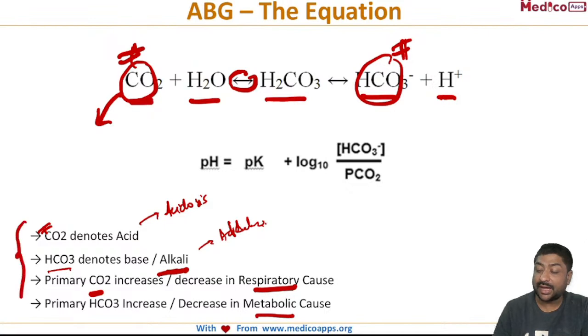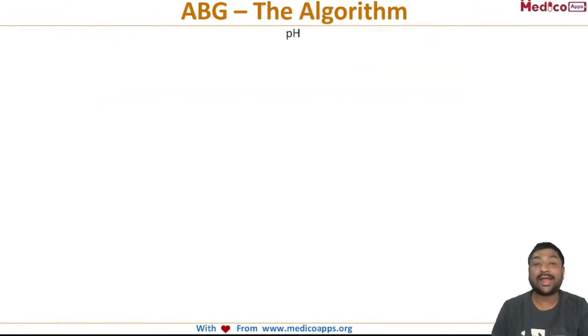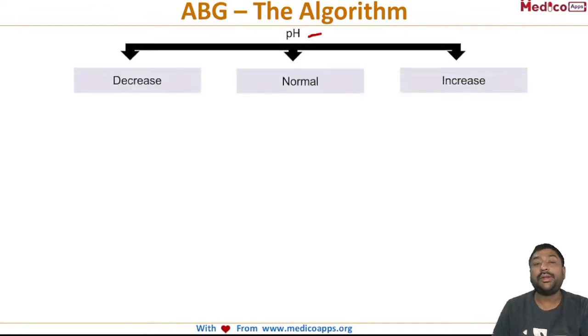So these are some rules of thumb you have to remember for your examination and to analyze an ABG. Now let me show you that algorithm. Whenever an ABG is given to you, either in an ICU setting, as an intern, or in an examination, the first thing you see is pH. And the moment you see pH, only three things can happen: either the pH is decreased, or increased, or normal.